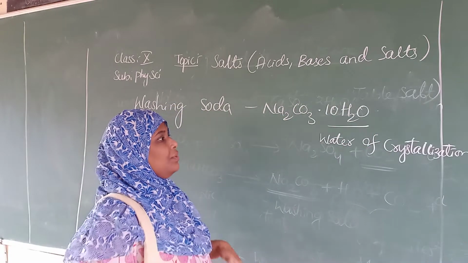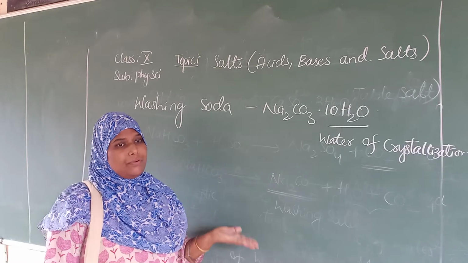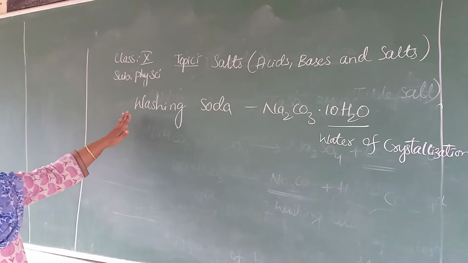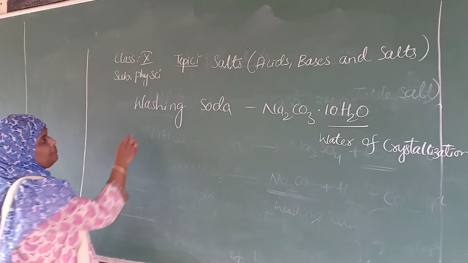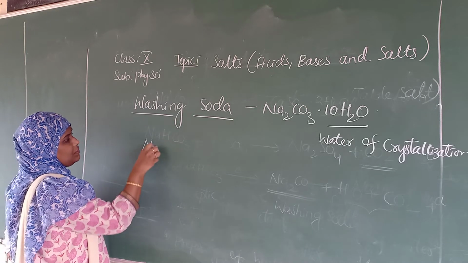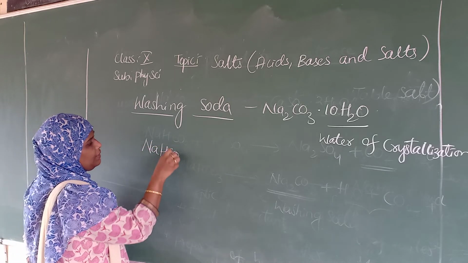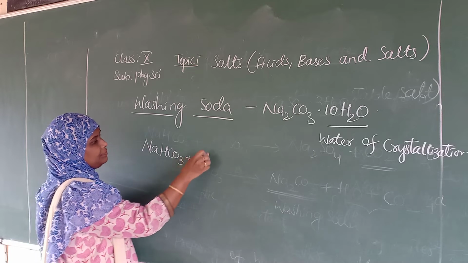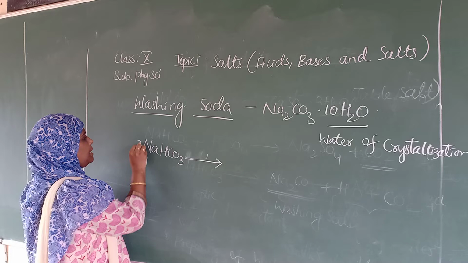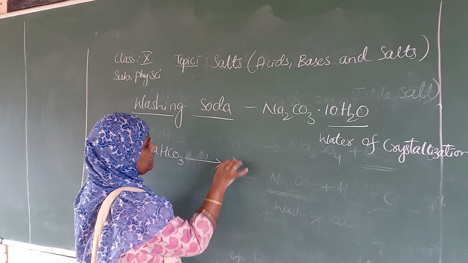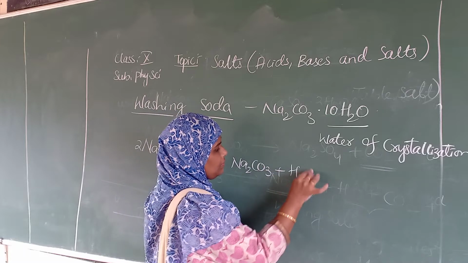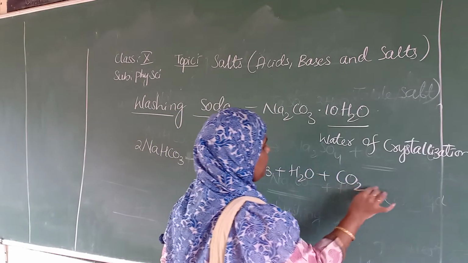The importance of water of crystallization we will see in the next examples. So let us now see the examples of this. Why are we preparing this? We have just now seen that it can be obtained by heating baking soda. Whenever baking soda is heated, it produces sodium carbonate, water and carbon dioxide.